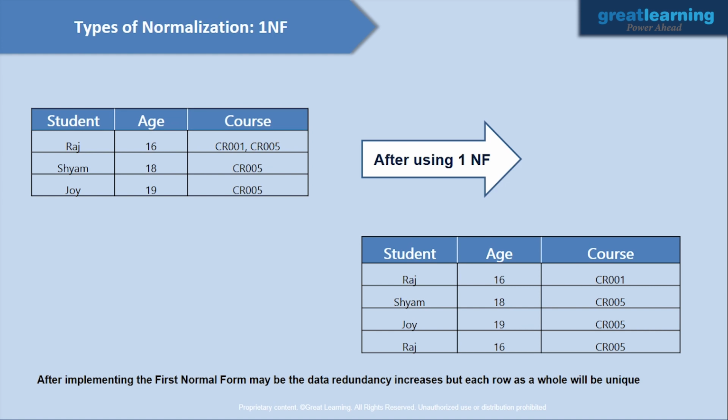And here you can see after implementing the first normal form, maybe the data redundancy increases, but each row as a whole will be unique. So this is the main focus of 1NF. Using first normal form basically helps us to get each row as a wholly unique row. So your data will be unique, but maybe there will be some data redundancy, and it will sometimes increase the data redundancy.